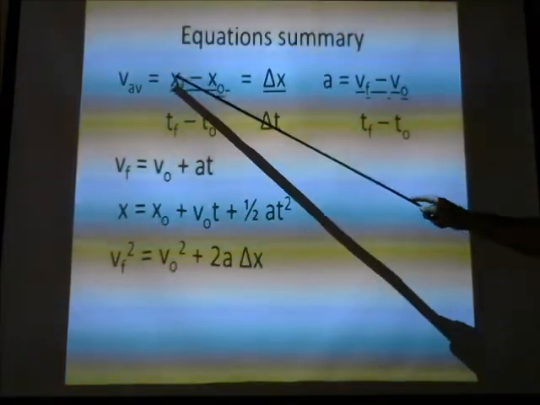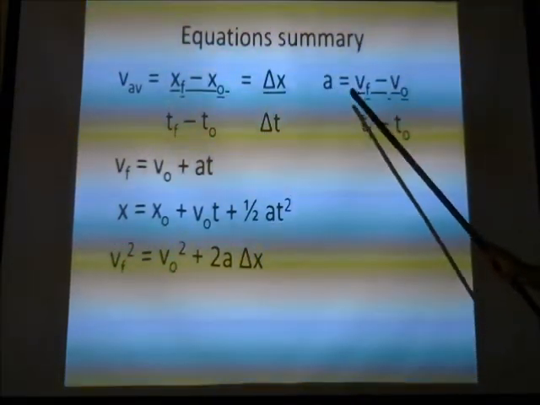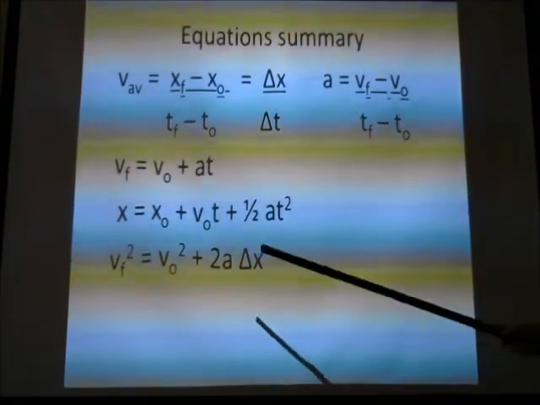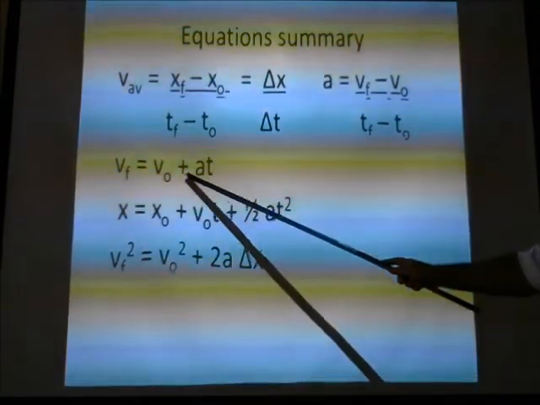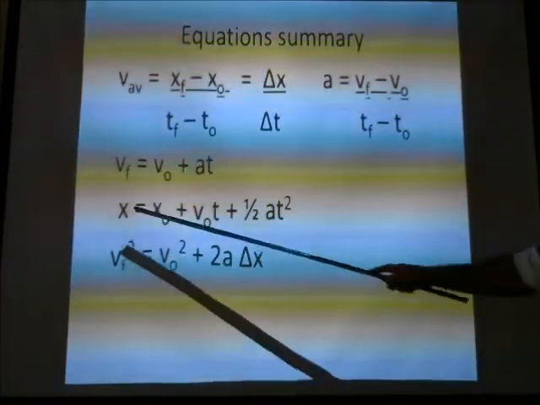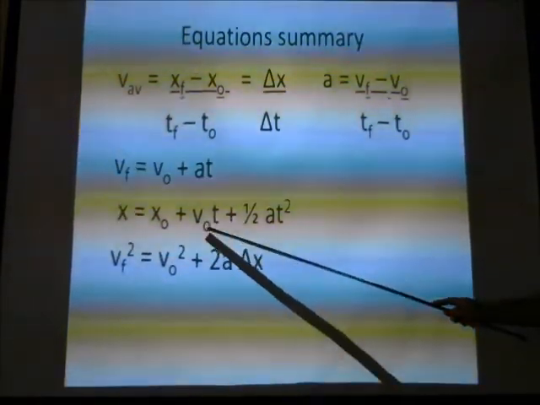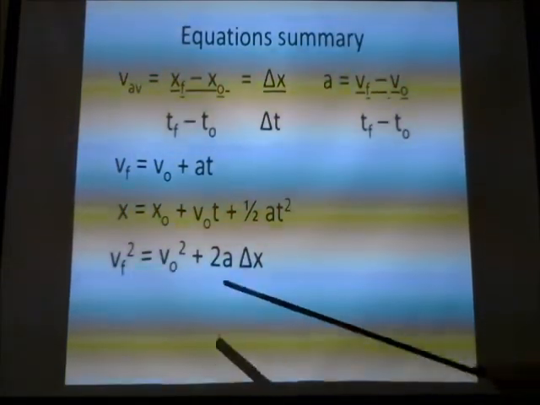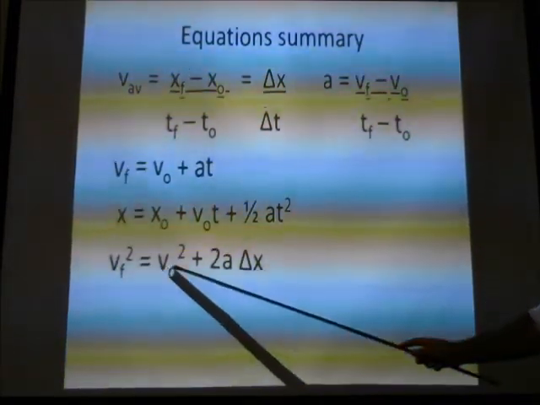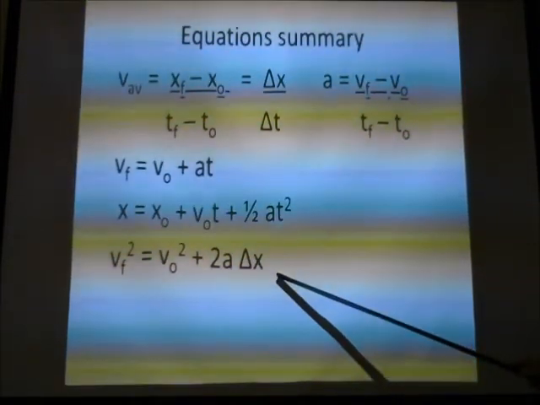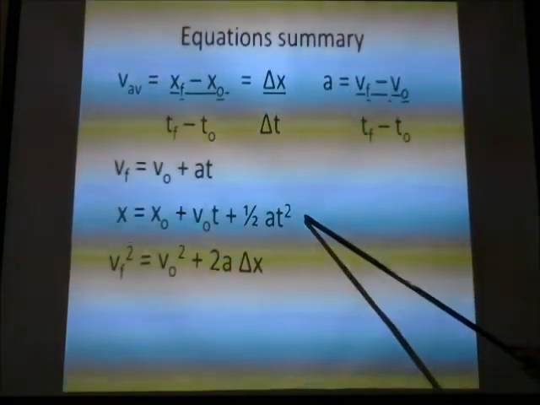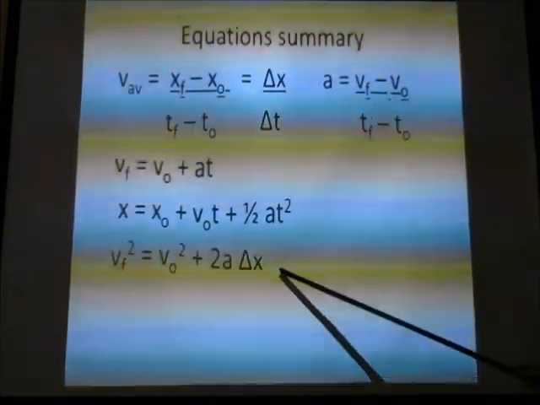The definitions of average velocity and acceleration, and this is the definition of acceleration again. Then we have the position-time equation, which relates position, initial velocity, acceleration, and time. We have finally one that relates velocities, initial and final, acceleration, and distance. So no final velocity here, no time here.